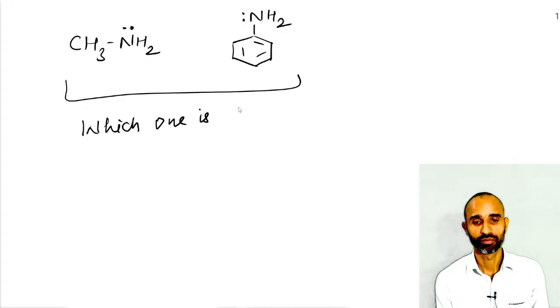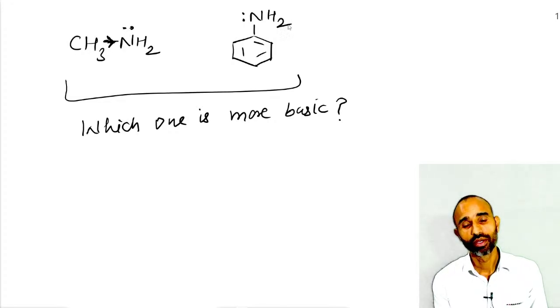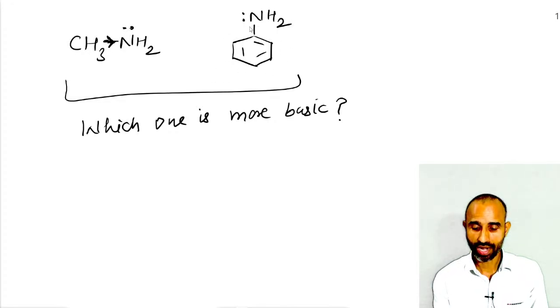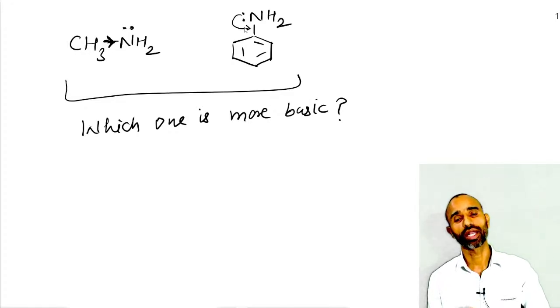Methyl. So obviously methylamine is more basic because this methyl group will increase the electron density on nitrogen, but in aniline, the benzene ring will take up this lone pair and therefore electron density on the nitrogen will decrease.